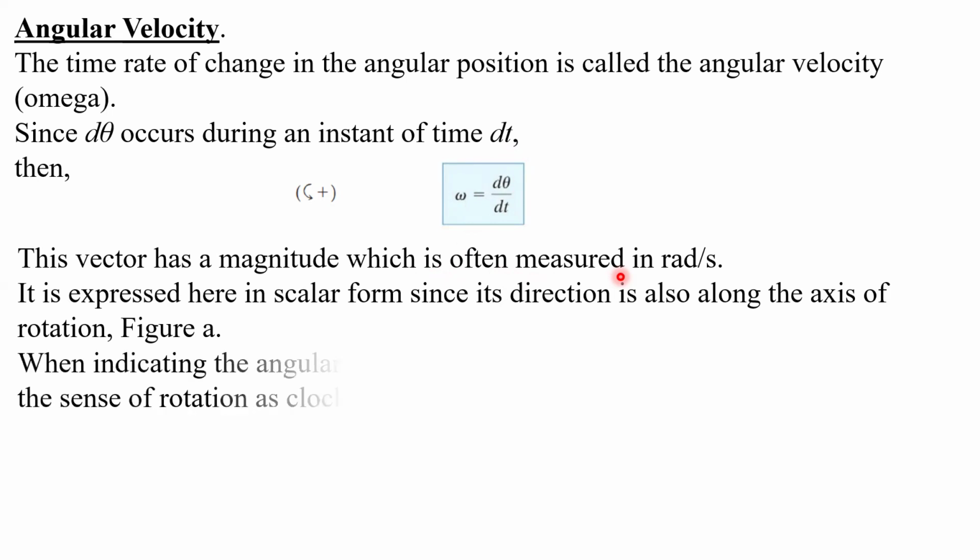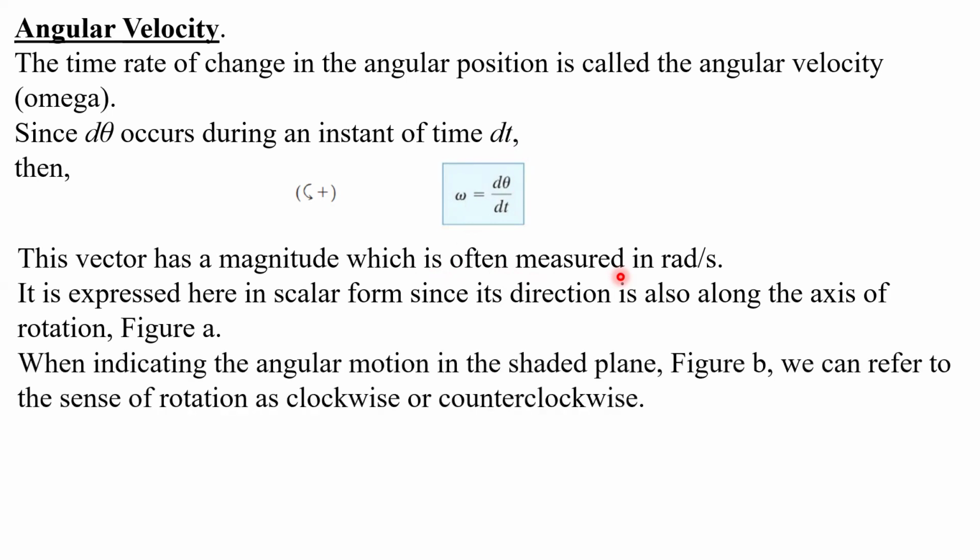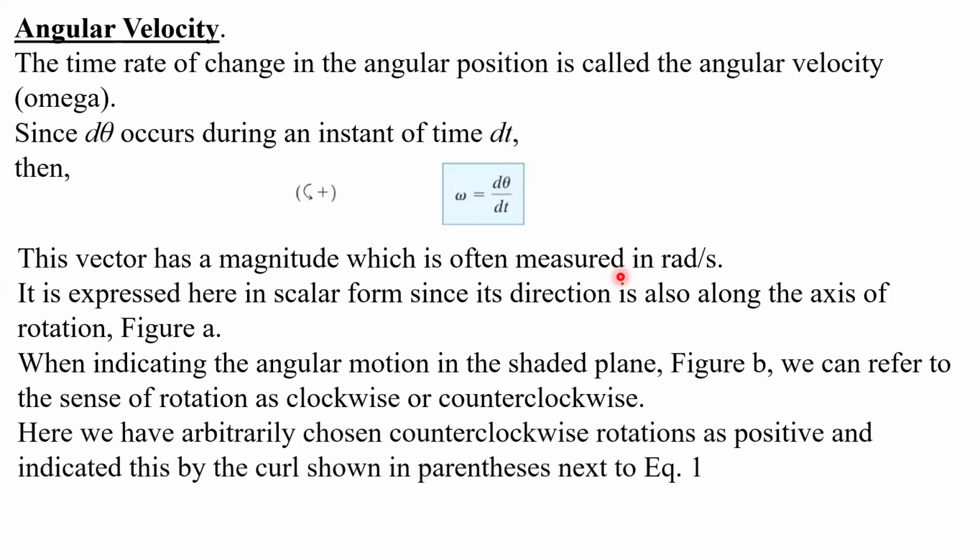So, as shown in figure A, when indicating the angular motion in the shaded plane, we can refer to the sense of rotation, whether clockwise or counterclockwise. But the thing is, we have to be consistent. Once you start your solutions or your workings with clockwise direction as being positive, you must maintain that throughout that work.